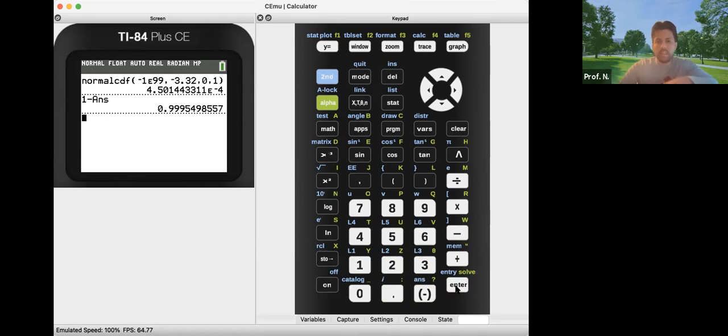So we get a really, really large probability, 0.9999549 and so on. So that's the probability, according to this approximation, that we will have at least 10 heads. Approximately.